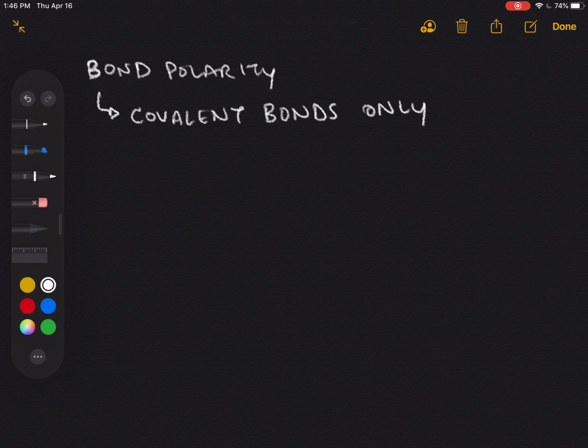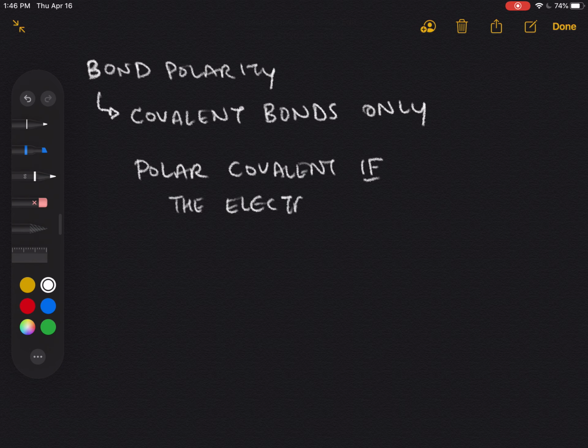The strict definition is that a covalent bond is a polar covalent bond if the electronegativity difference is greater than 0.4.